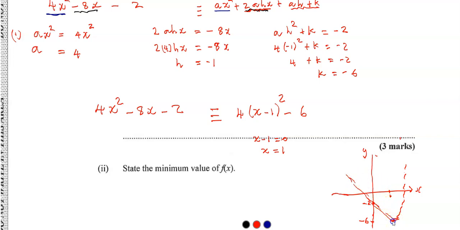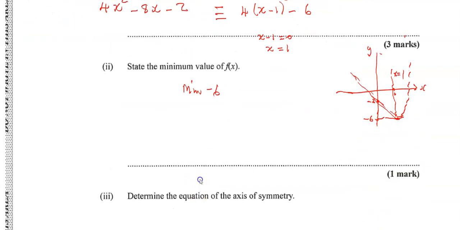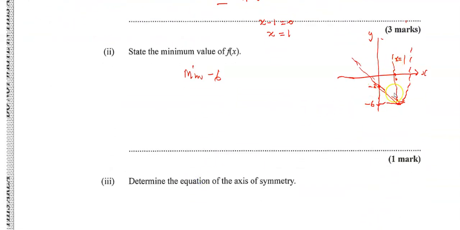So the minimum value is this value here, and the axis of symmetry is x equals positive 1. Alright, so minimum is minus 6. So min equals minus 6. And the next part there, axis of symmetry would be x equals 1.